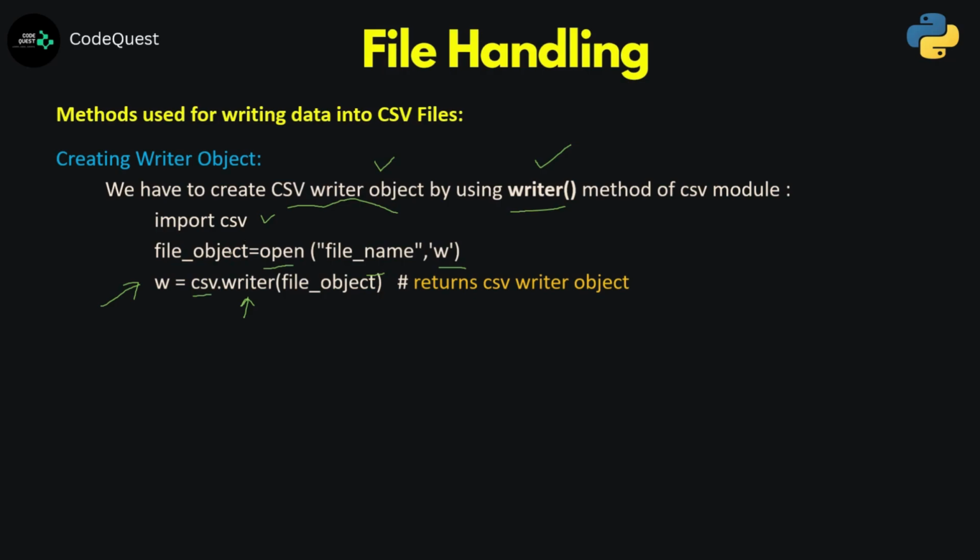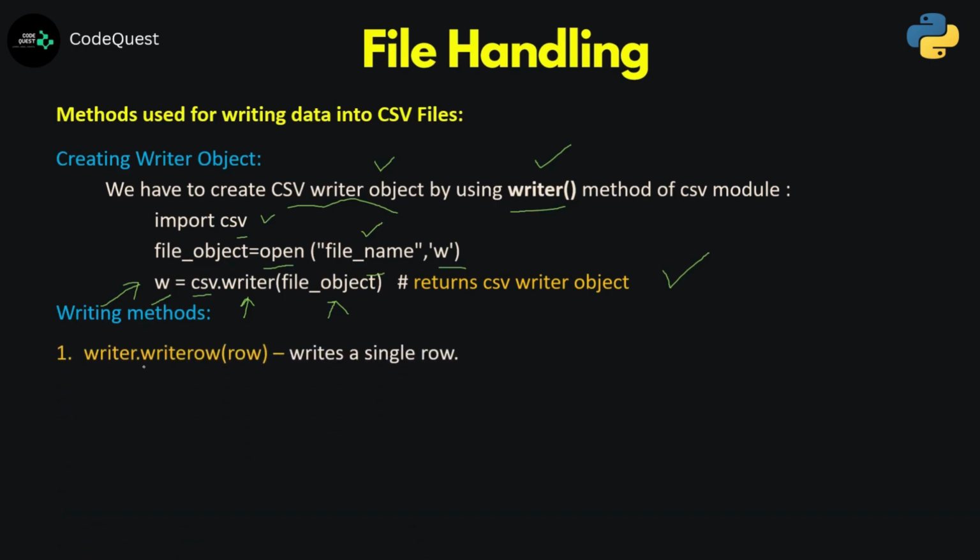So in this second line, we open a file in a particular mode, and this is the file object which refers to that file. This same file object I need to pass as an argument whenever I create the csv writer object. Once this writer object is ready, which for the time being I can call w, using this w I can call various writing related methods.